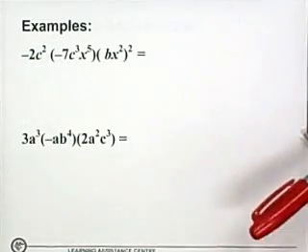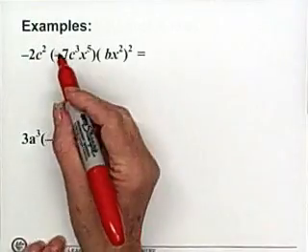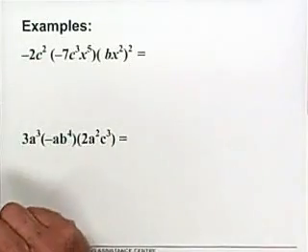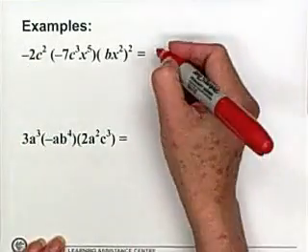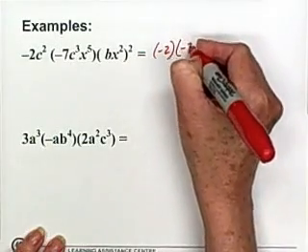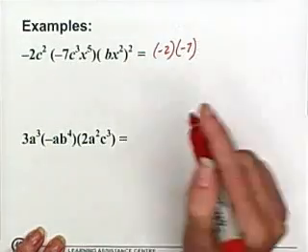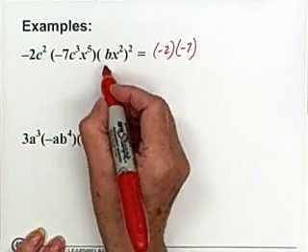Now let's work through a couple of examples here. We have minus 2 times minus 7. We don't have any other numbers in there, so let's multiply those. That's minus 2 times minus 7. Now we look at our letters.